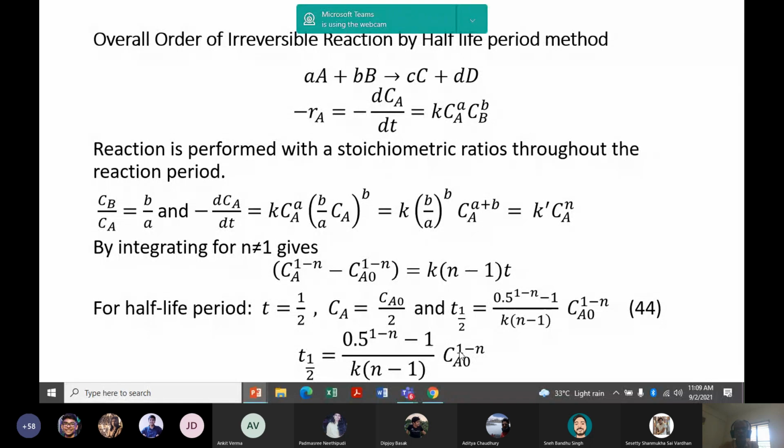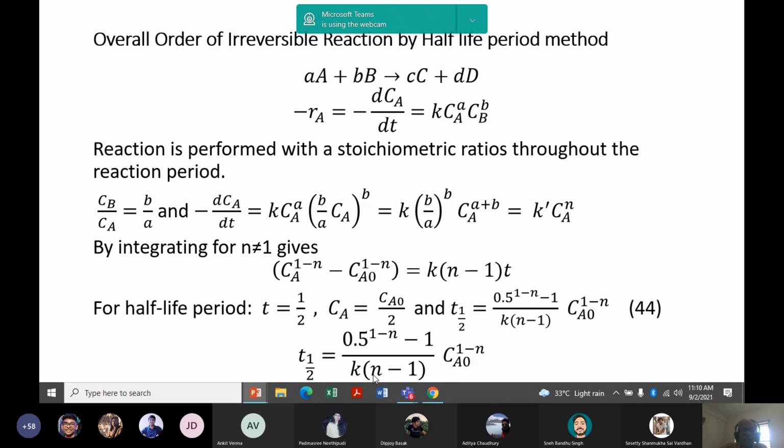So this 1 minus n we can evaluate if we take log on both sides, and this quantity, 0.5 etc. divided by the rate constant and n minus 1, this will be the intercept and the exponent the slope. So if we take log of half-life period versus log of initial concentration, then from the slope and intercept we can find out k and n minus 1, that is n.